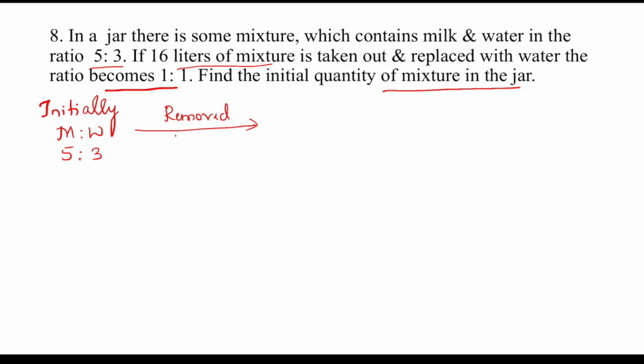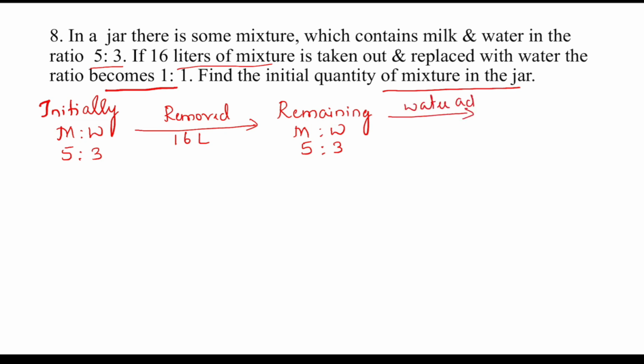When 16 liters is taken out, whatever is the remaining mixture, that also will contain milk and water in the ratio 5:3, and this was replaced with water. Again water was added.